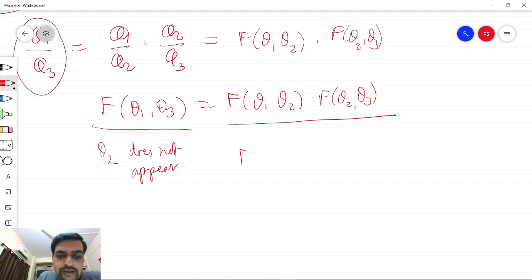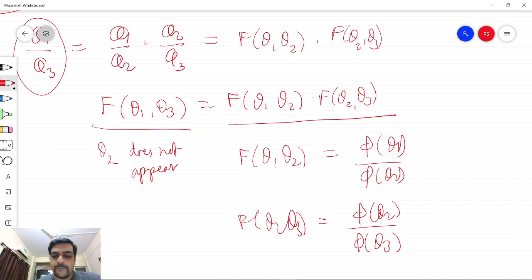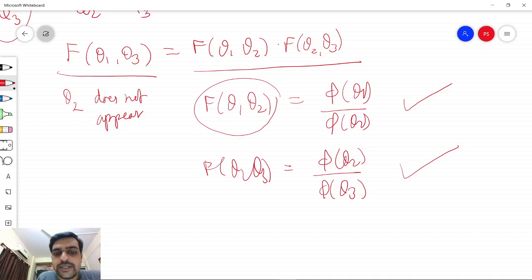assuming that F of theta 1 theta 2 is some phi of theta 1 by phi of theta 2, and F of theta 2 theta 3 is some phi of theta 2 upon phi of theta 3. So this is a new assumption. We are saying that this functional relation can be expressed as a ratio of two other functions.